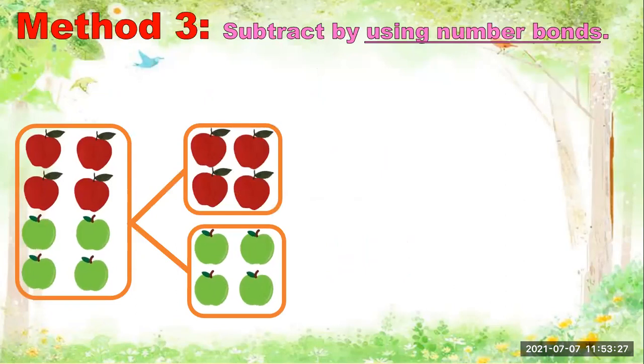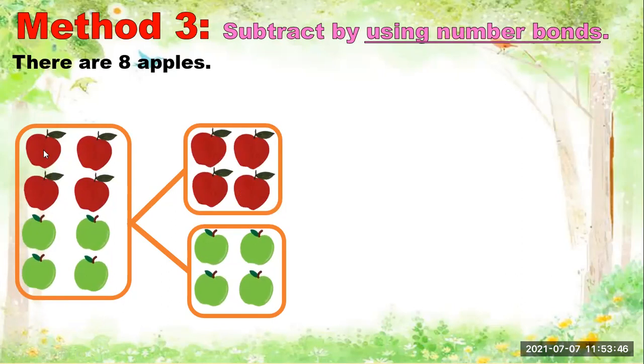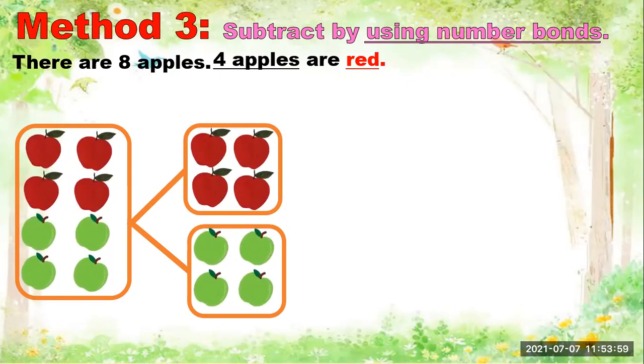Now here, method number 3. In this method, we will use number bands. We call it subtracting by using number bands. As you can see here, there are apples. Let's count: 1, 2, 3, 4, 5, 6, 7, 8. 8 apples, right? And then 4 apples are red: 1, 2, 3, 4.